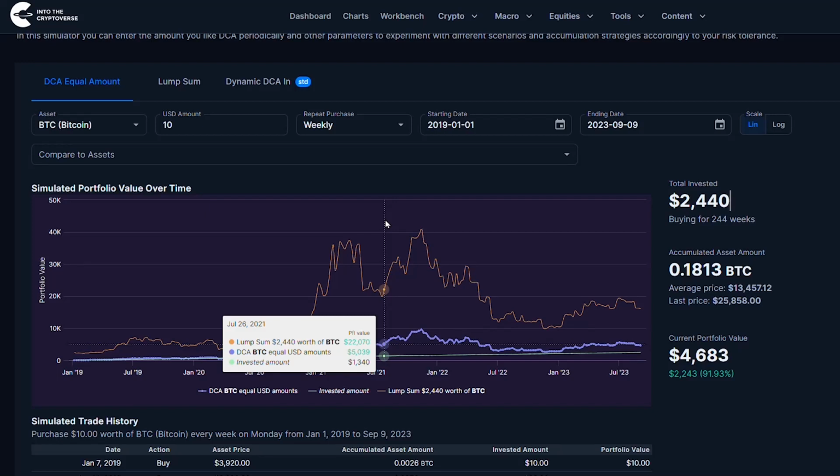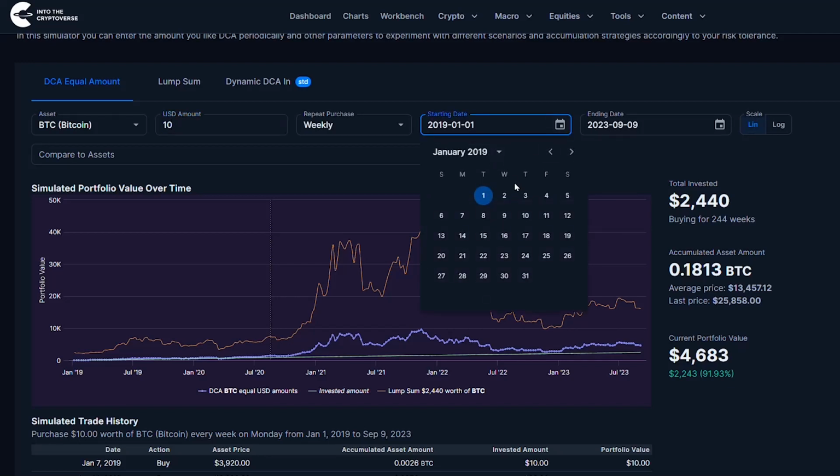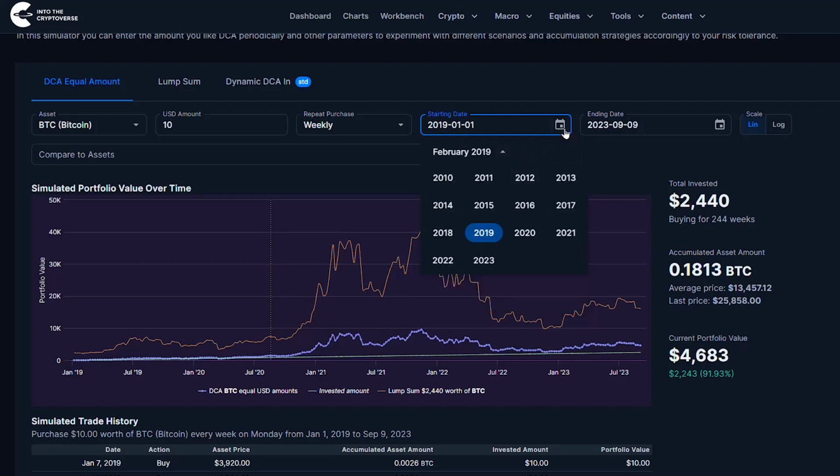So let's take a look how much you would have made if you invested $10 per week starting in the last pre-halving year, which was in 2019, let's say in September. By the way, this website is Into the Cryptoverse by Benjamin Cohen.